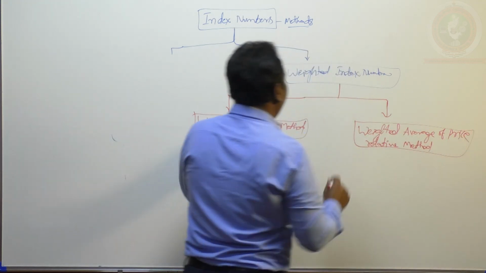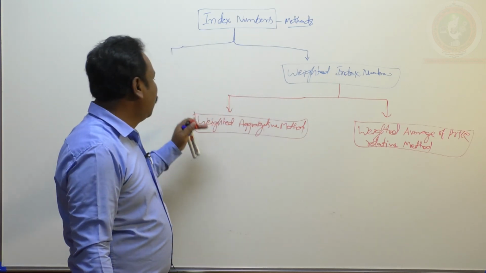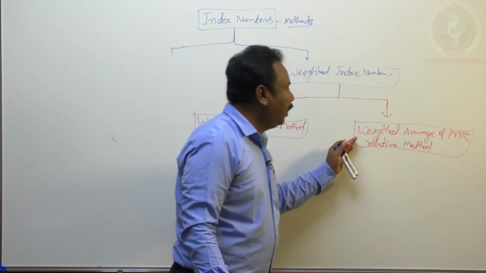So the weighted index number can be classified in two methods: the weighted aggregative method and the weighted average of price relatives method.